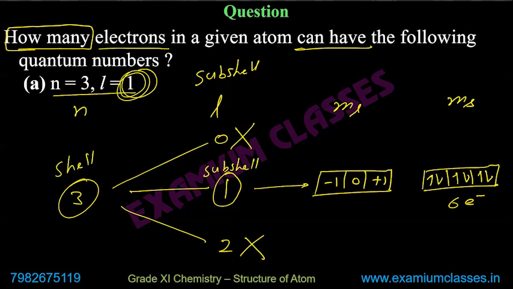But this subshell will have 3 orbitals because orbitals will be minus l to plus l. So it will be minus 1, 0, plus 1. So if there are 3 orbitals and one orbital can have how many electrons? 2. So in 3 orbitals, there will be 6 electrons. That is the answer.